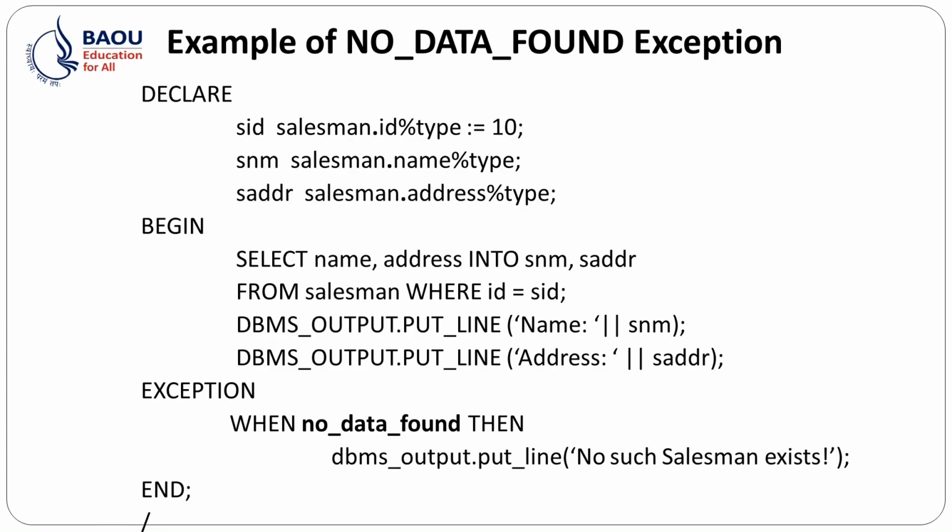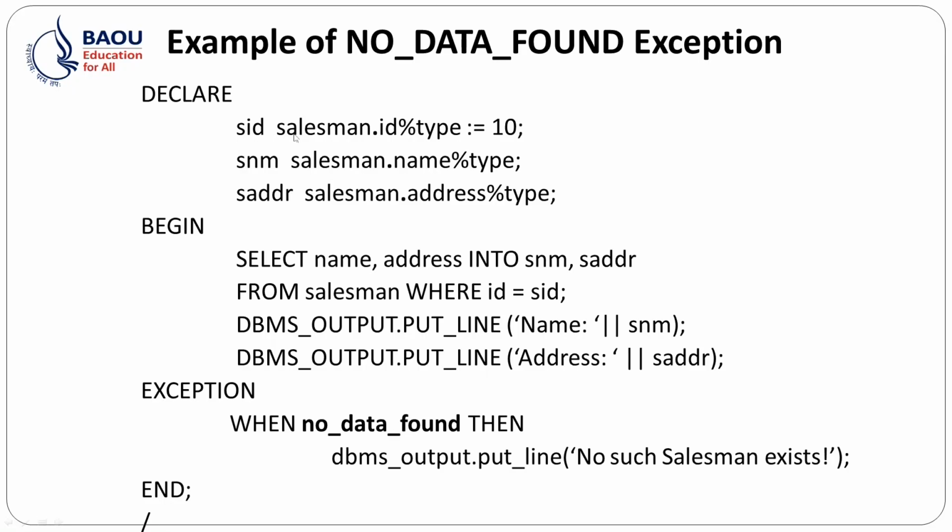See, in this example, SID, SName and SAddress are user defined variables. Here SID is salesman.id. Salesman is the table name, ID is the column name. In the salesman table, the ID column%TYPE means the ID column's data type and size is assigned to SID.